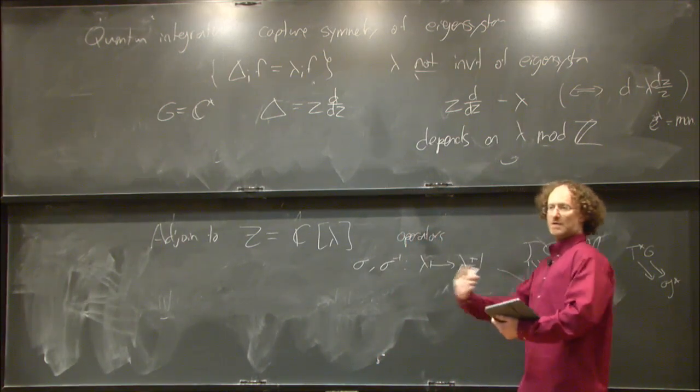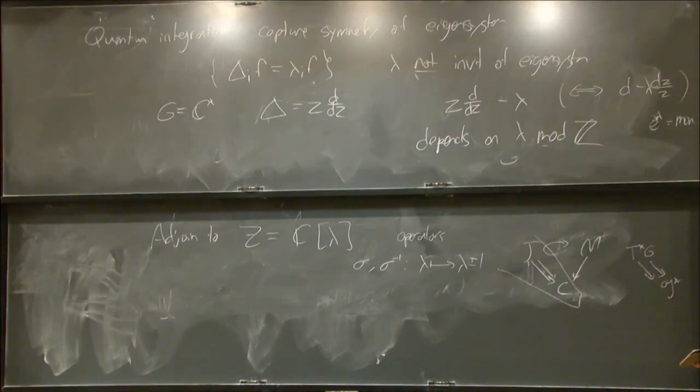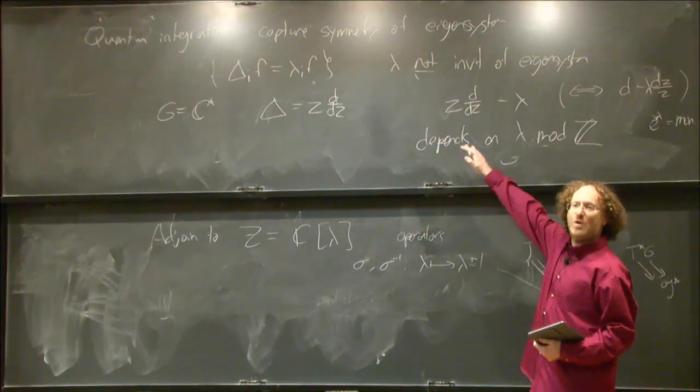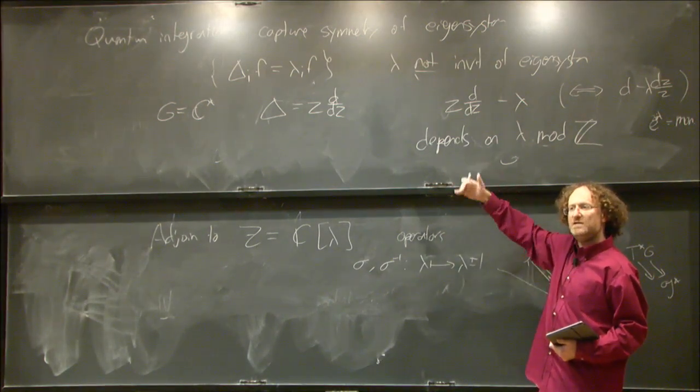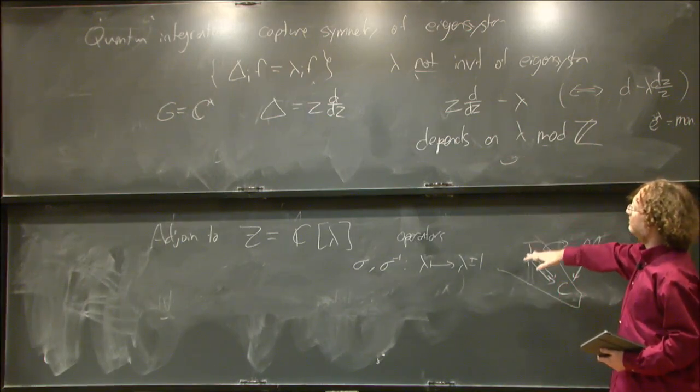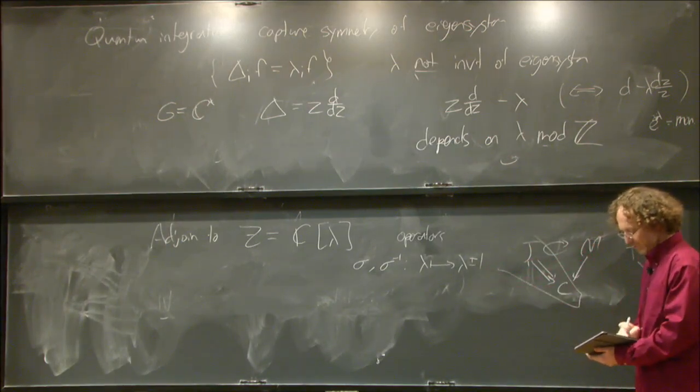So we have this translation symmetry here. And these operators intertwine the eigensystems. So the collection of eigensystems is symmetric under these translation operators.